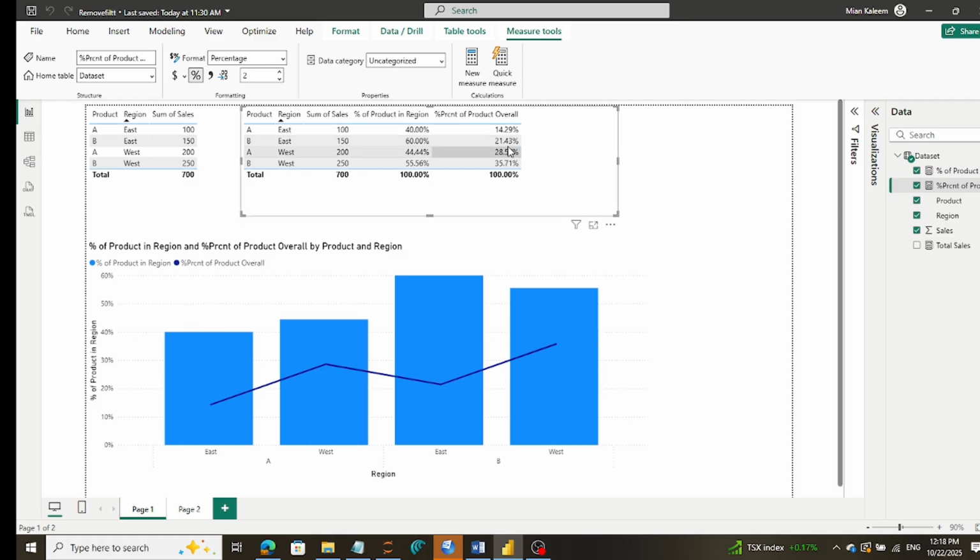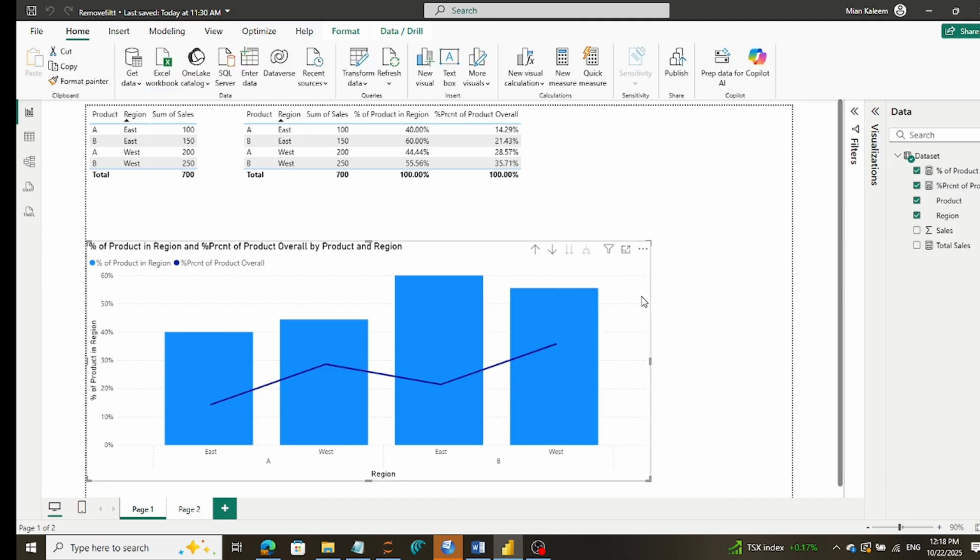So the total is 14.29%, and this data is showing there. In order to achieve these values, we need to create three DAX measures. We also have to plot this data in a graph where columns show products sold in each region and their contribution, as well as a line chart showing overall all regions. That is the trend they want to see.